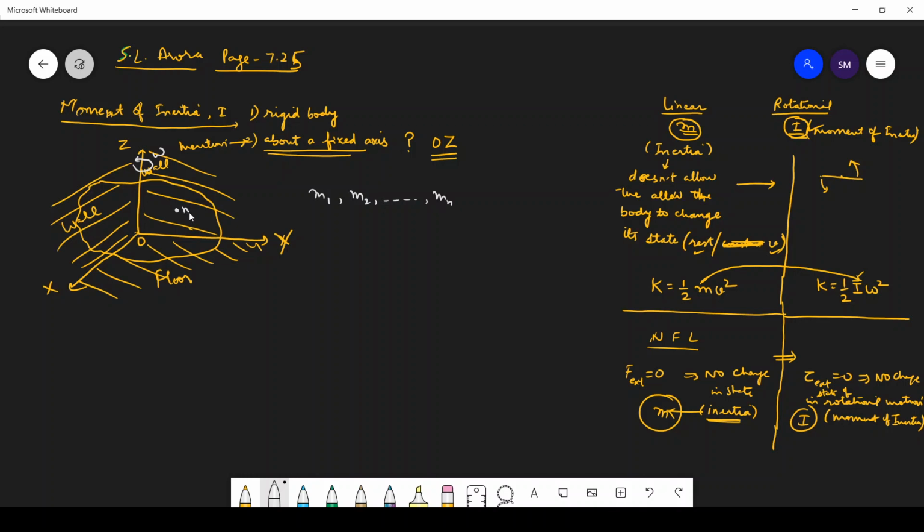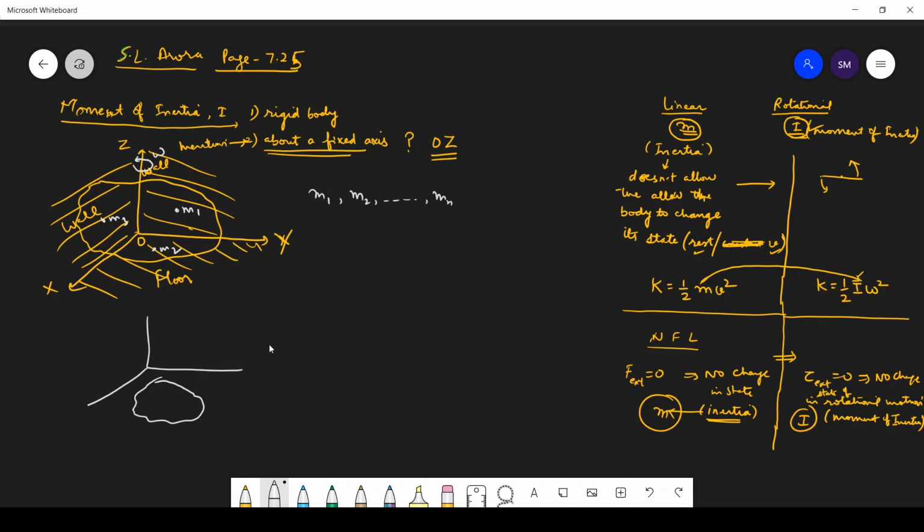Suppose here I have mass m1, and then m2, and then m3, and this body lies in the xy plane. Some of the time you draw the figure like this also, but this is also the xy plane.